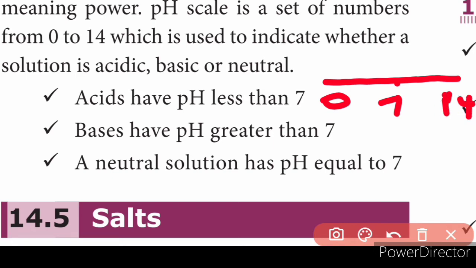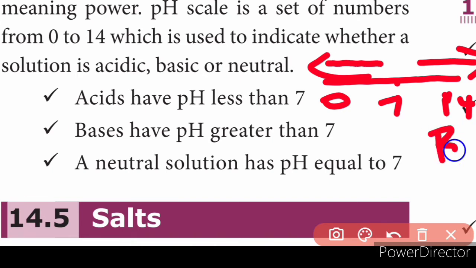Values less than 7 we call acids, whereas if it is greater than 7, then they are bases. A neutral solution has pH equal to 7.